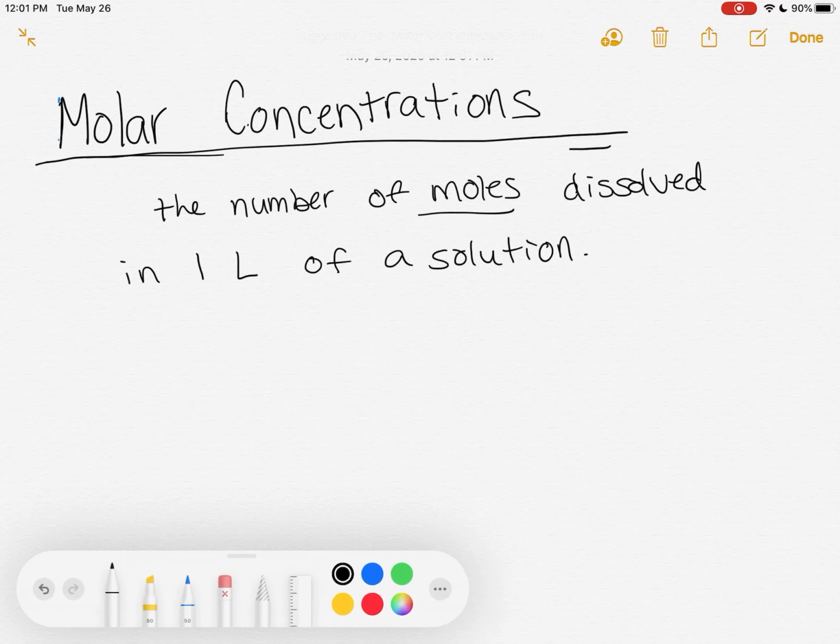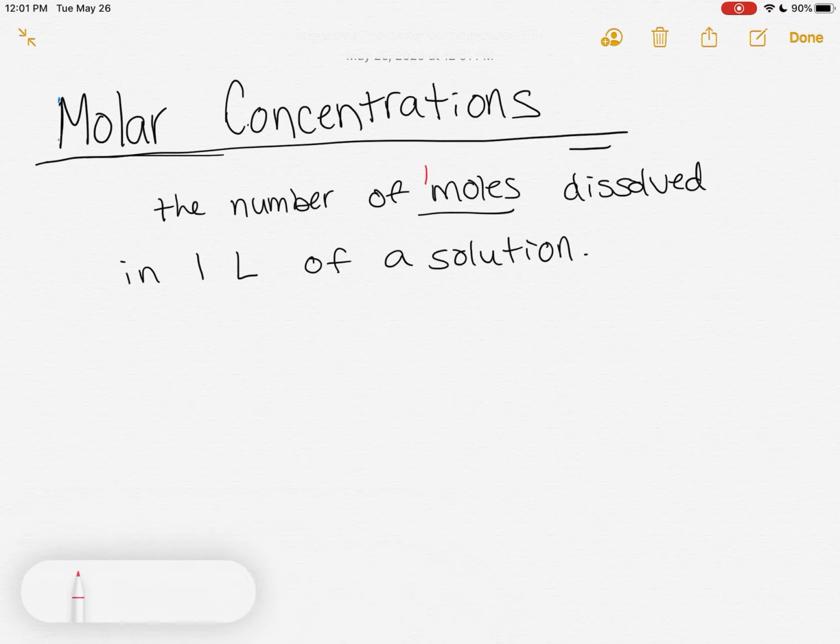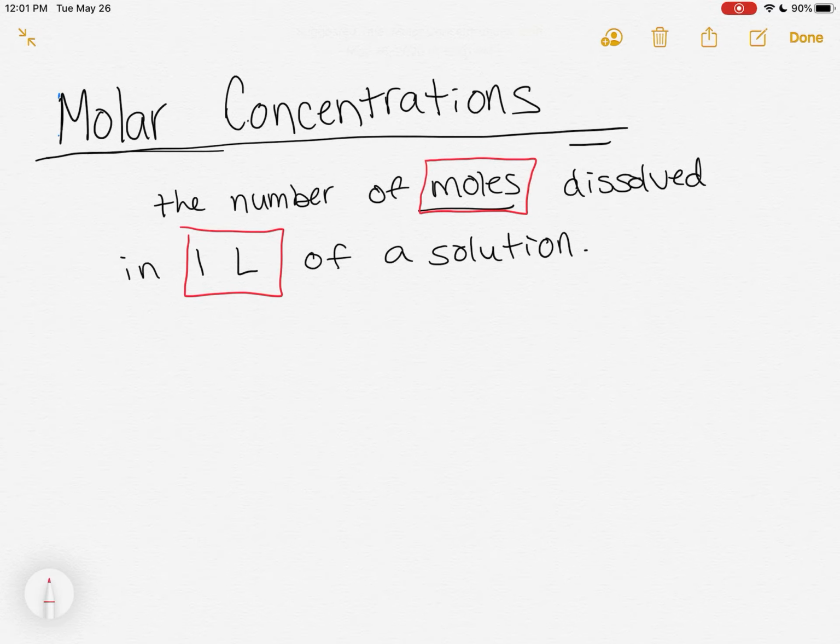So when we are looking at concentration, we are going to look at how many moles there are in 1 liter of our solution. Okay, extremely important here. This is liters, not milliliters.